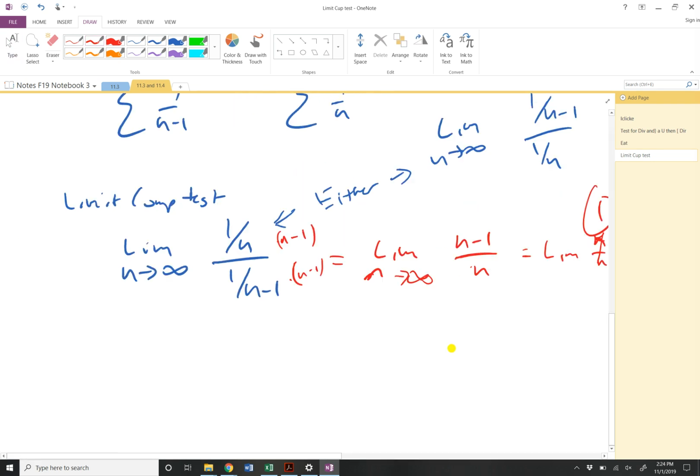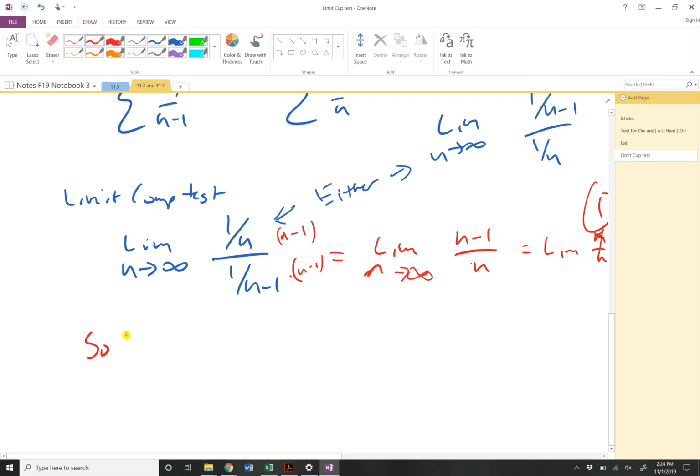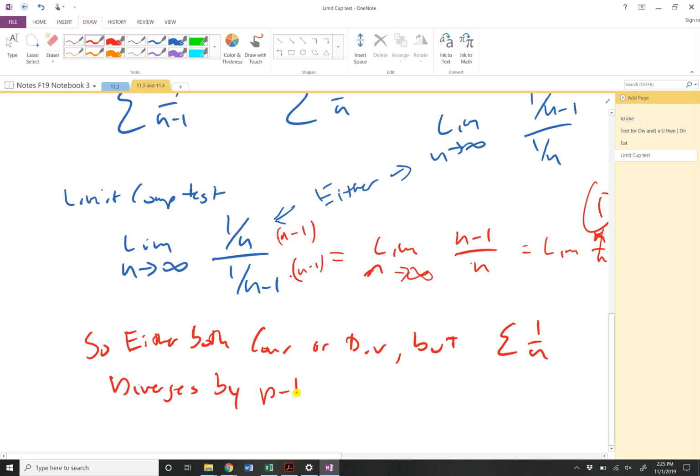So what do we know? So either both converge or diverge, but series of 1 over n diverges by the p-test. So series 1 over n minus 1 diverges by the limit comparison test.